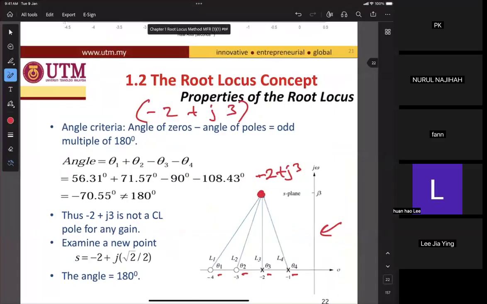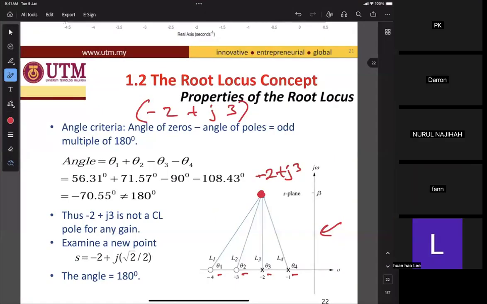Guru Najihah. Cepat lah. Trigonometry. Okay, what is the trigonometry?